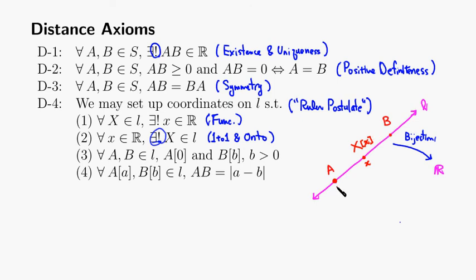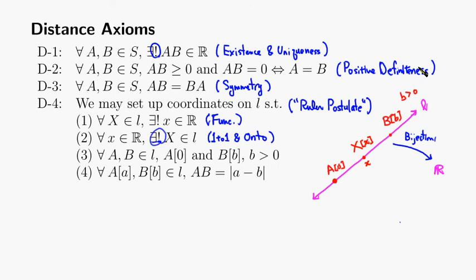We can always give A a 0 and B any positive number. So B has to be a positive number. That's part 3.